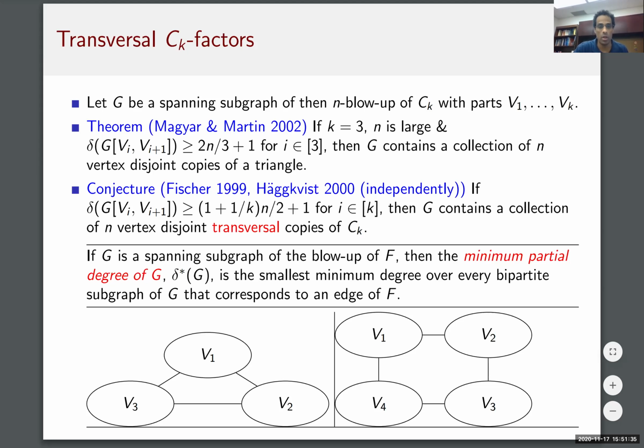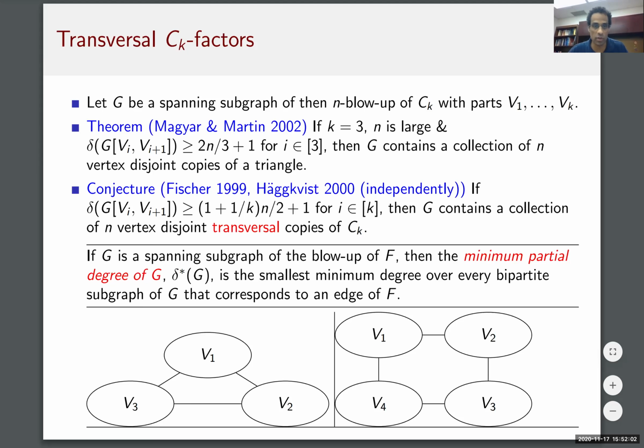We denote that delta star of G, and that's the smallest minimum degree over the bipartite subgraphs that correspond to the edges of the blowup. So we're only considering between V1 and V2, V2 and V3, V3 and V4, and V4 and V1. We're not considering V1 and V3 or V2 and V4, because there are no edges there.